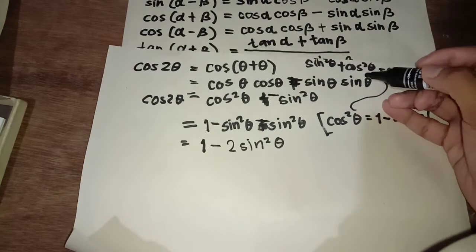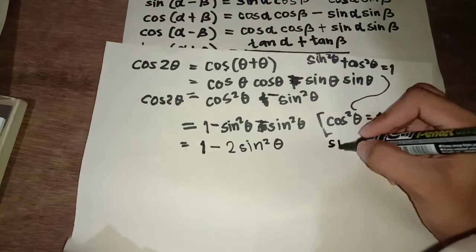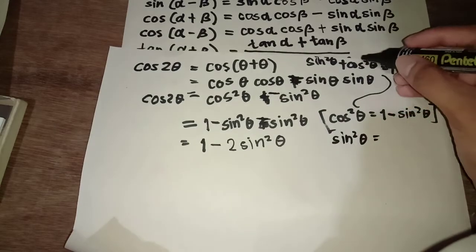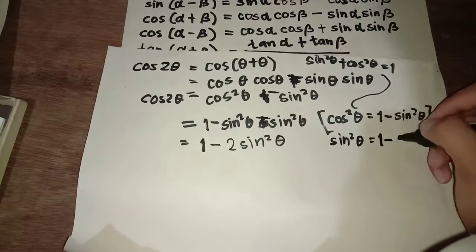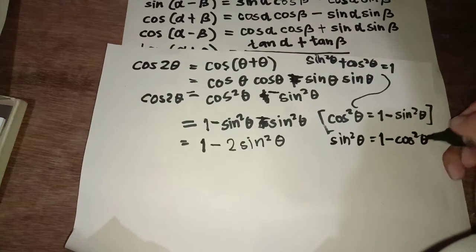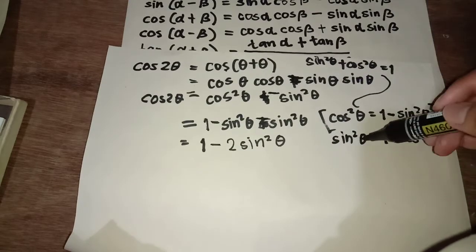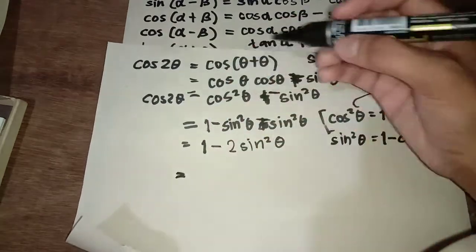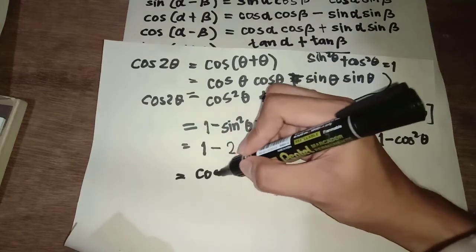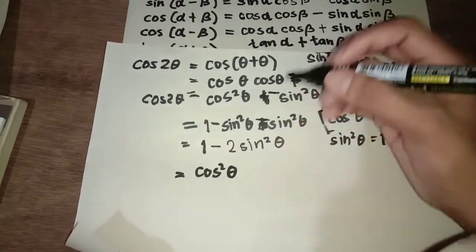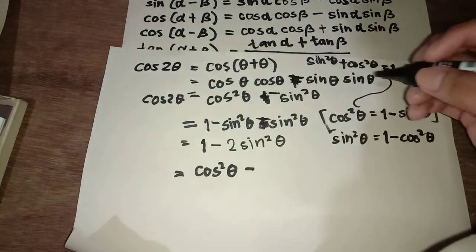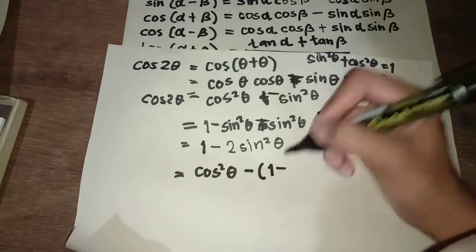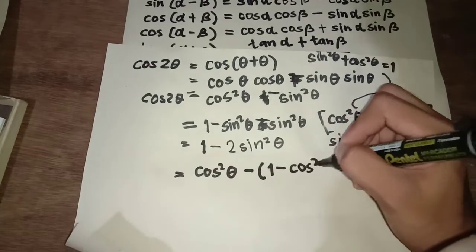From this identity also, we can notice that sine squared theta is equal to 1 minus cosine squared theta. If I substitute it here, that is equal to cosine squared theta minus, I put parentheses, 1 minus cosine squared theta.